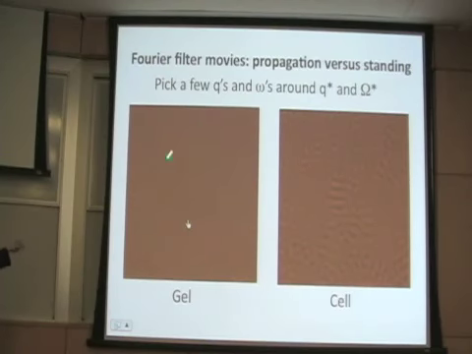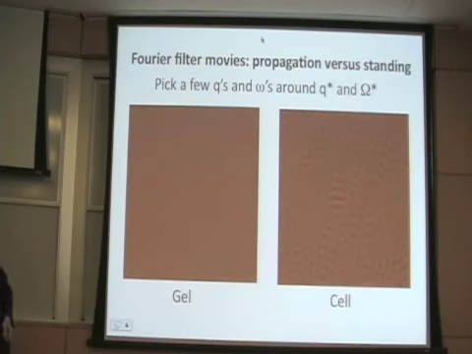In the gel, you see basically what looks like just a couple of fluctuating dots. It's almost like an optical mode, or a standing wave with no propagation, and if you watch it long enough, you can convince yourself that each one of those little dots doesn't live for very long.